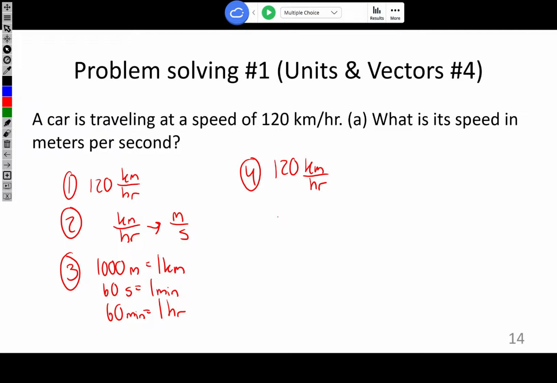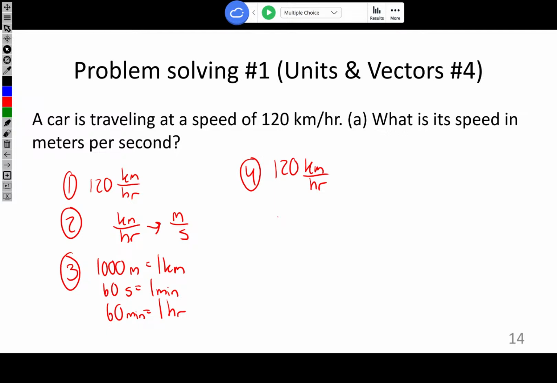This is a good preview of what we're going to get into next week, 1D kinematics. Just say it: kilometers per hour. It literally means in 1 hour, I go 120 kilometers. It's how many kilometers I travel per hour. If you're traveling 60 miles per hour, it literally means I travel 60 miles in 1 hour.